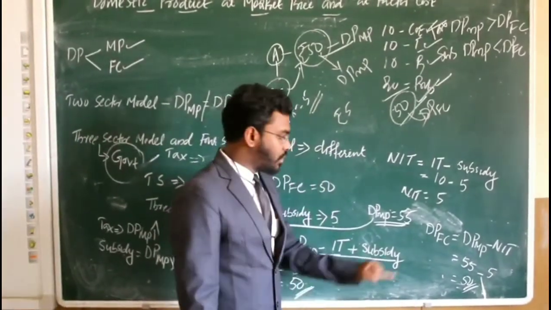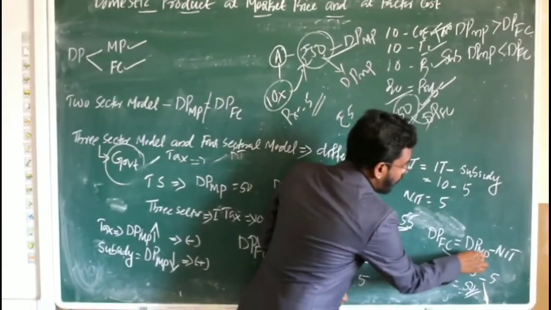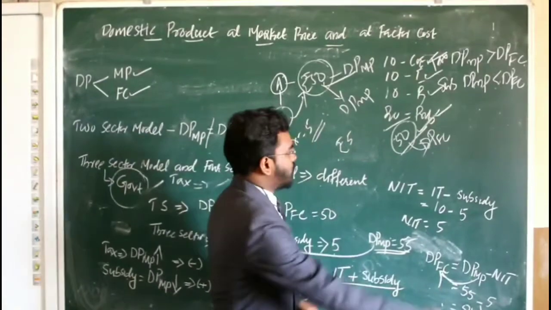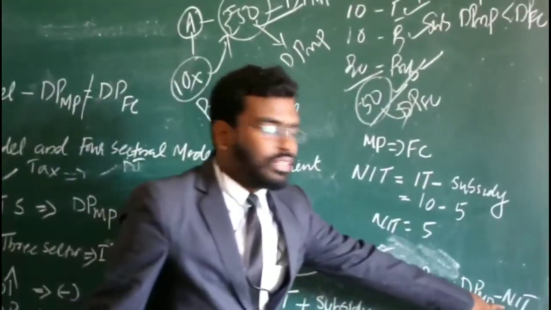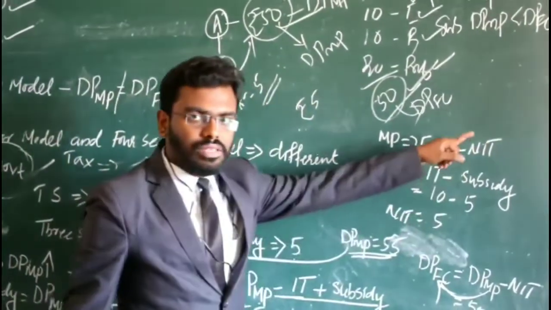So keep in mind, for converting MP into FC, market price into factor cost, what can we do? Just subtract NIT.